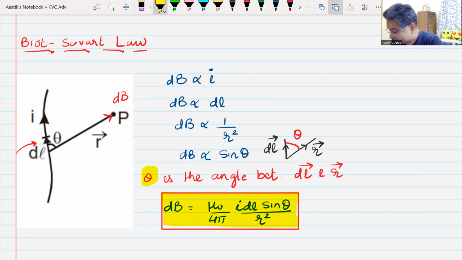Now, what type of quantity is magnetic field? Is it a scalar quantity or is it a vector quantity? Scalar quantities.